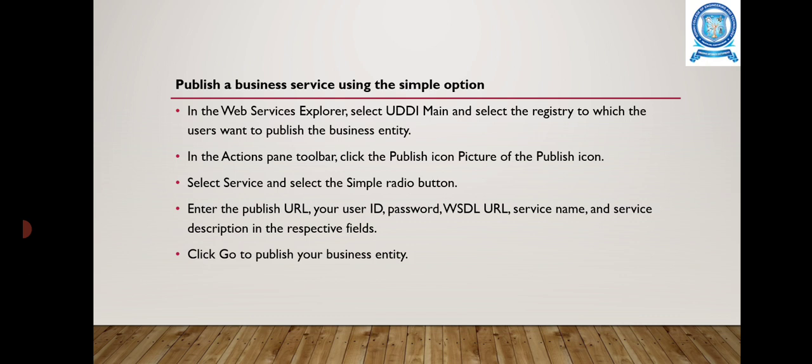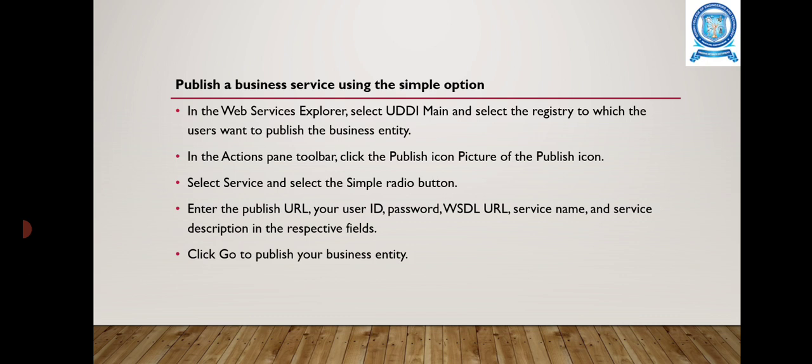For the simple option, first in the Web Services Explorer, select UDDI Main and select the registry to which the user wants to publish the business entity. Then in the Actions pane toolbar, click the publish icon.